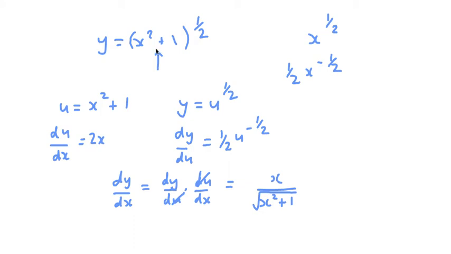Now often when we differentiate these composite, or Russian doll, functions, the thing inside, you might just get 1. So if it was just x plus 1 to the half, when you differentiate the inside you get 1, and it's 1 times the answer, so it doesn't change anything.